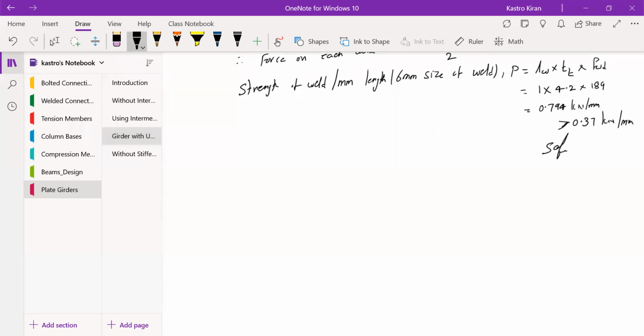Okay, so up to here you can solve, but there are a couple of more steps also. So I'll let you know what these are.